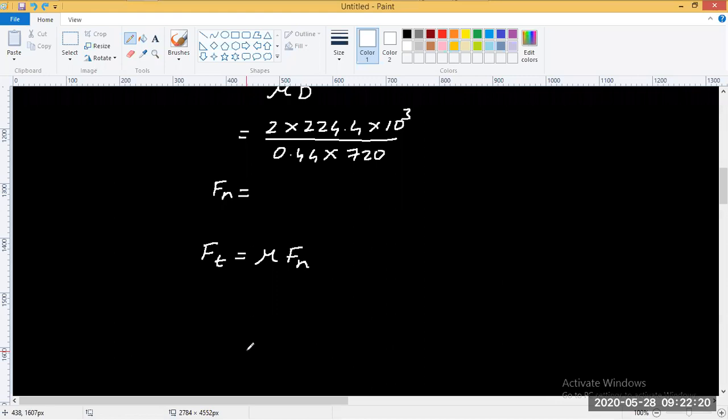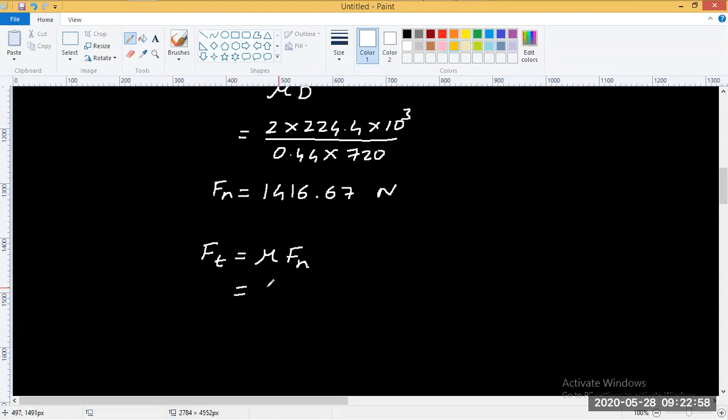Okay, so we have got the normal force Fn as 1416.67 newtons.